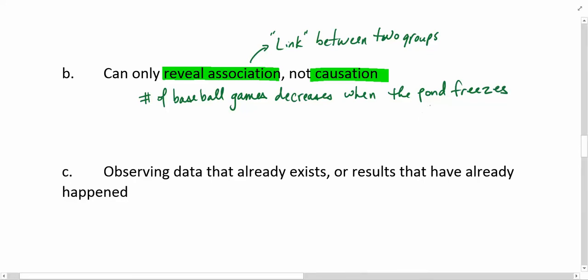Now, the pond freezing did not cause the number of baseball games to decrease.